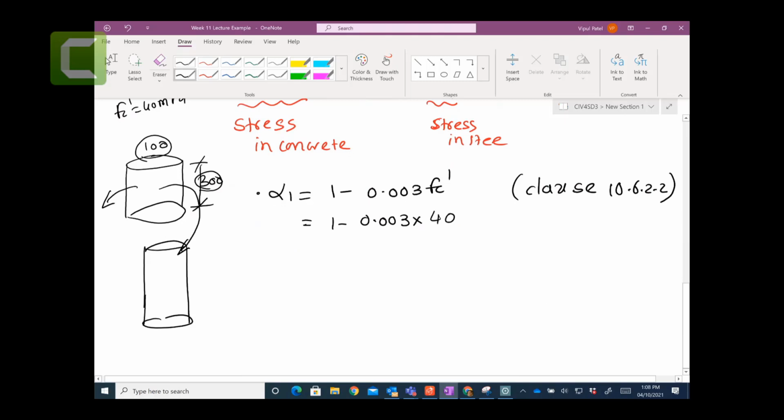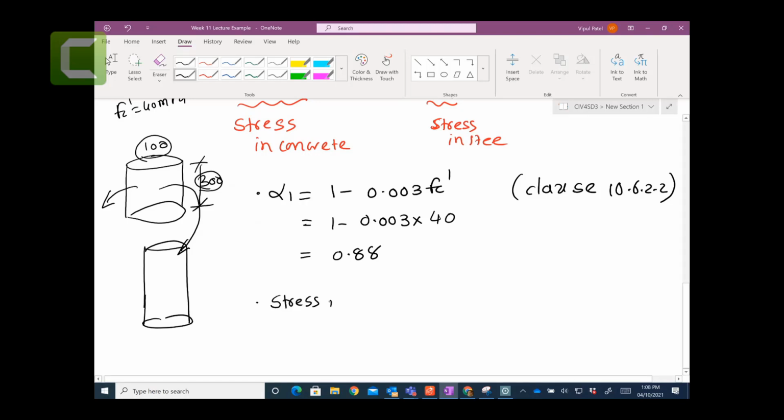So let's plug in the value. Let me use my calculator. 1 take away 0.003 times 40, you get 0.88. See, 12% of your concrete compressive strength is gone because of the size effect.